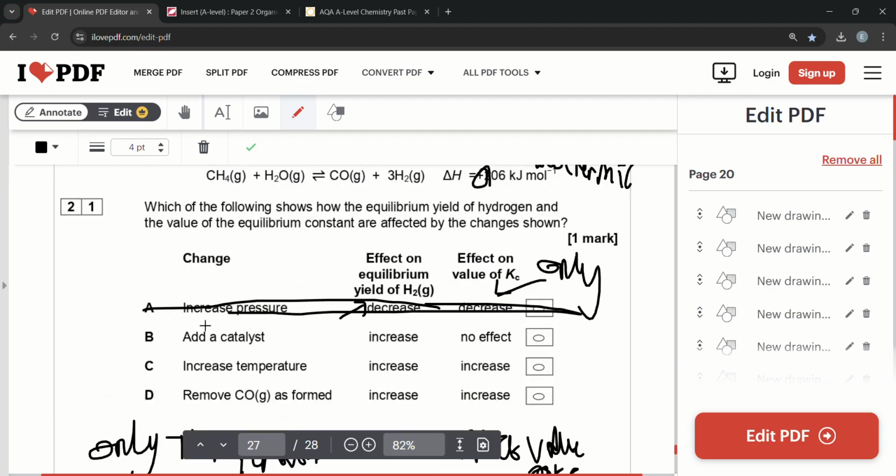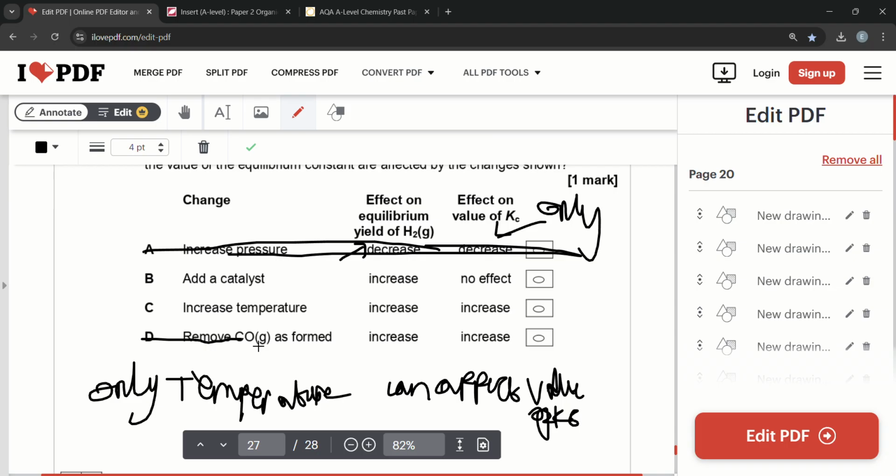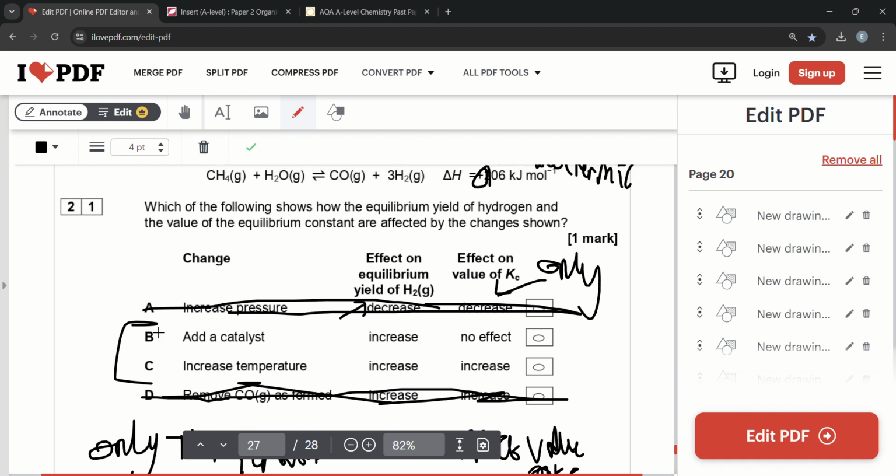Well, not immediately actually, so it can't be A and it can't be D, because it says the effect on the value of Kc increases. Only temperature can affect the value of Kc. So we're left with B and C.